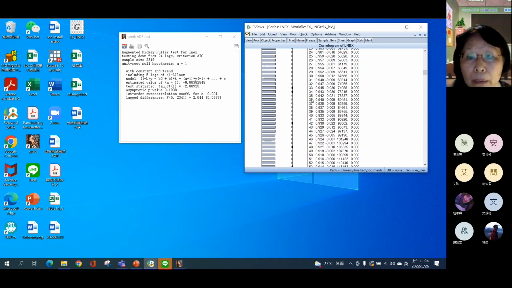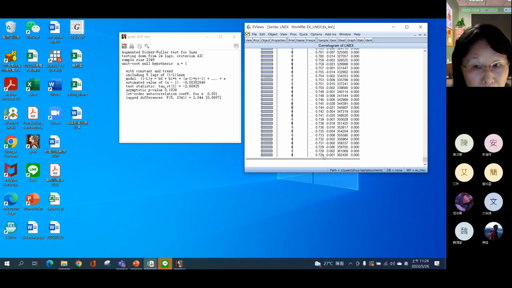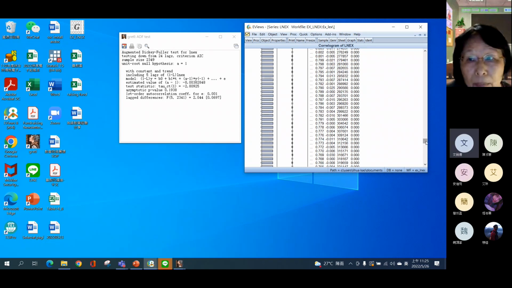Even this is really, really high. Up to the last one, the correlation is still 0.726. It's still high. So how much will we conclude is a small number?